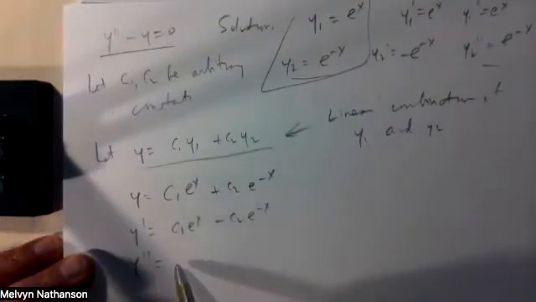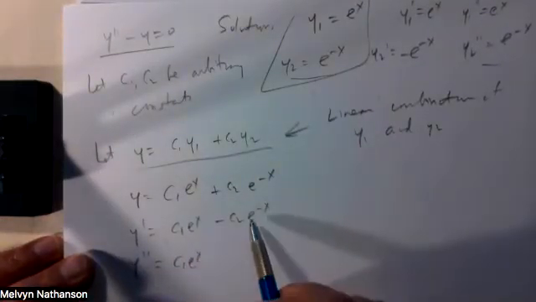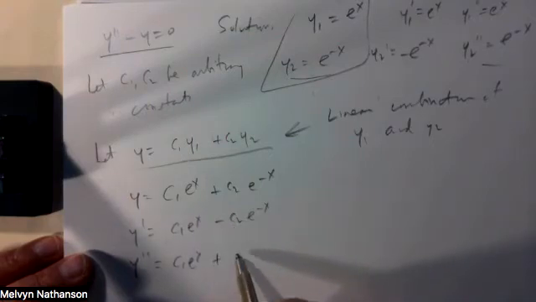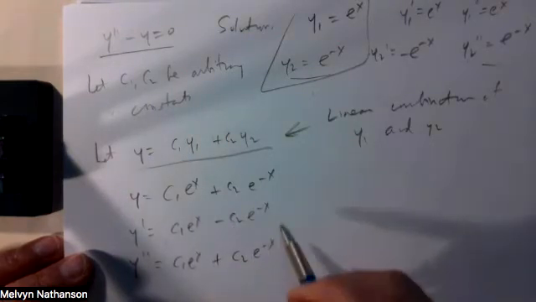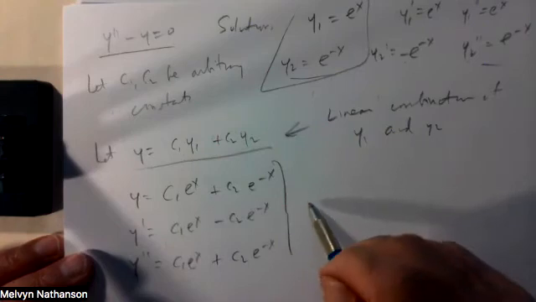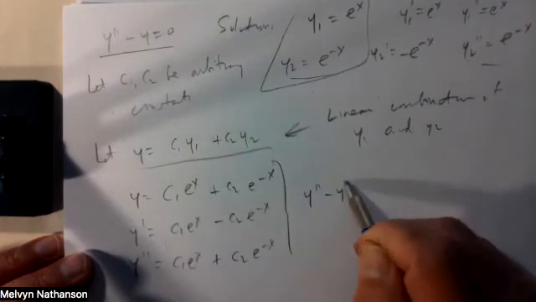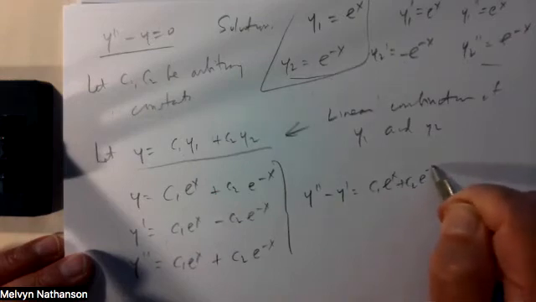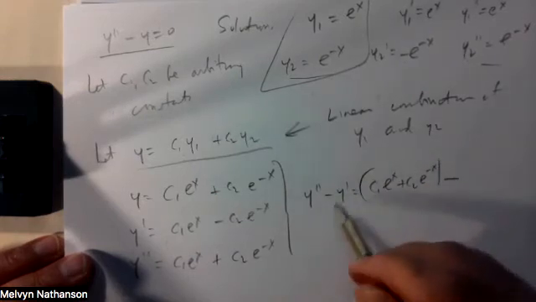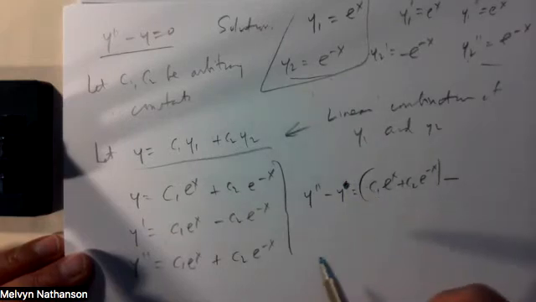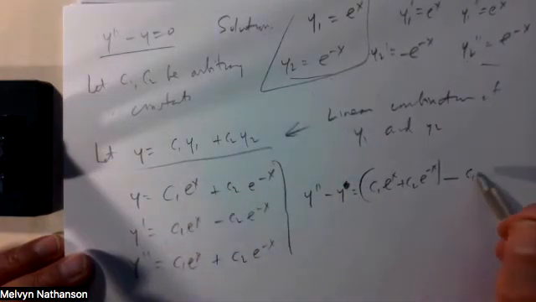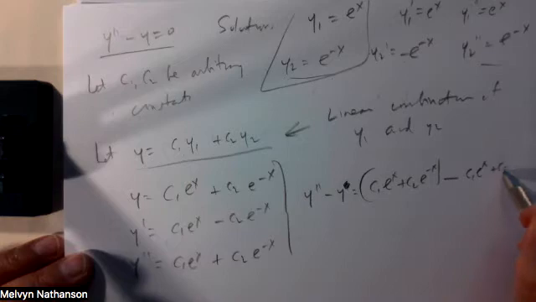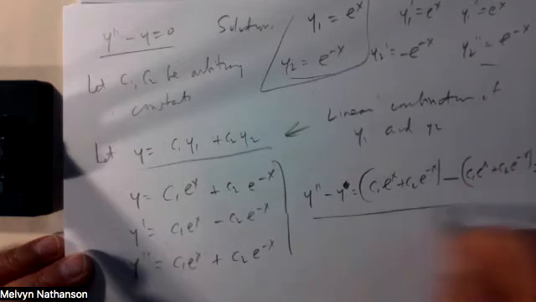If I differentiate a second time, y double prime is C1 e to the x, again, minus times minus is plus C2 e to the minus x. So if I take y double prime minus y, that's C1 e to the x plus C2 e to the minus x minus C1 e to the x plus C2 e to the minus x. These cancel and you get 0.